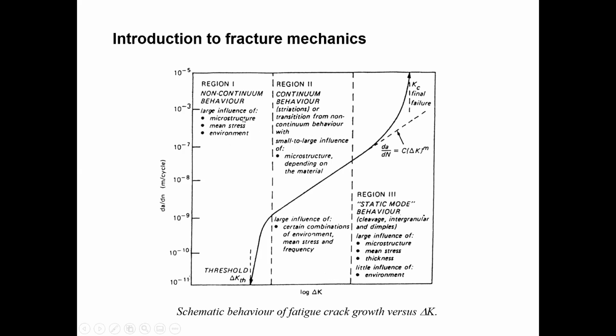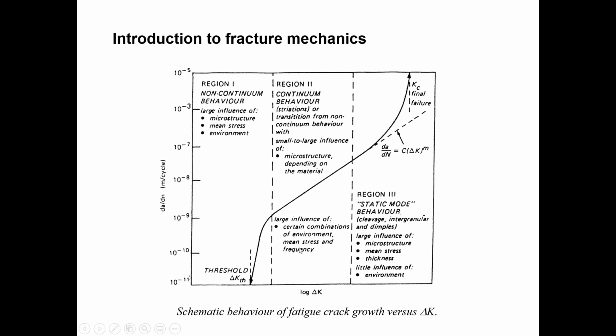Again, it is the large influence. There are small influences from other things, but the large influence will be highly impacted by these three factors. Region 2 we call continuum behavior. The large influence is due to the environment, a certain combination of environment, mean stress and frequency.